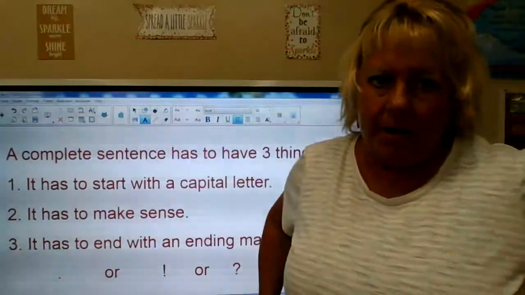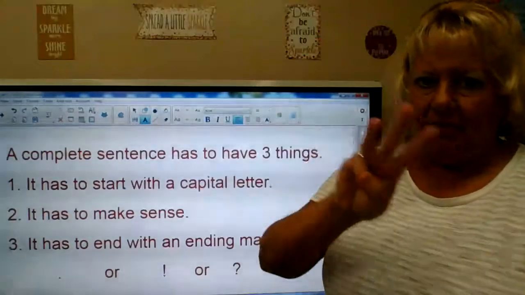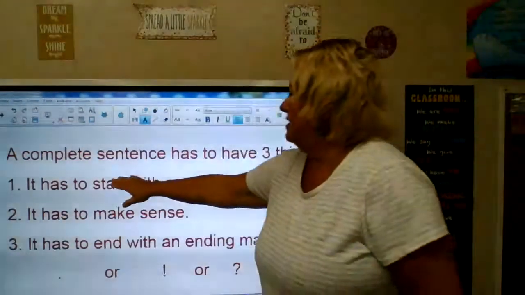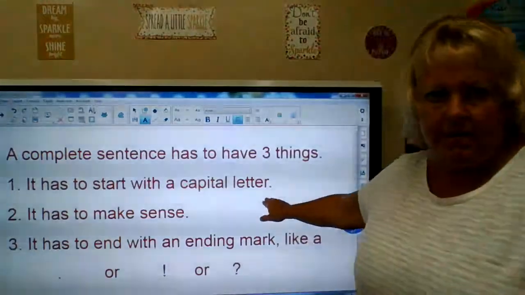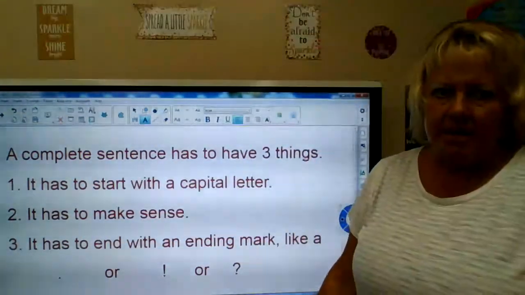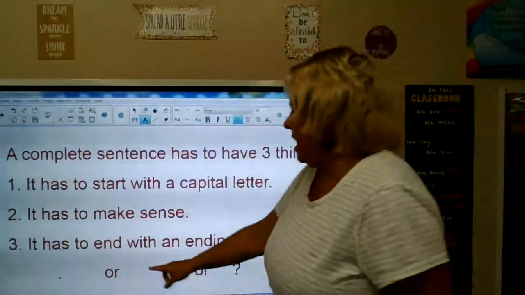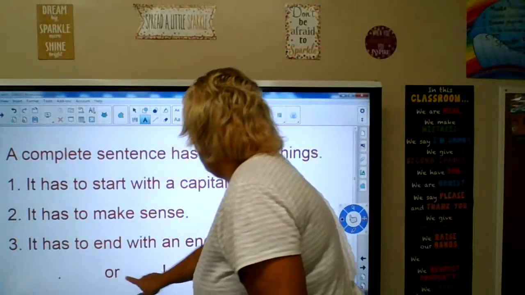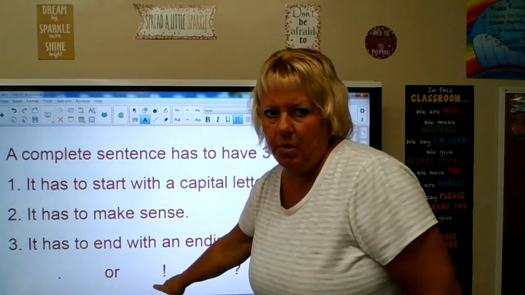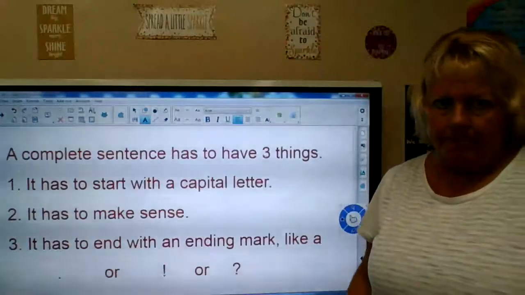We worked on what a complete sentence was. A complete sentence has to have three things. It has to start with a capital letter. Number 2, it has to make sense. And number 3, it has to end with an ending mark, like a period or an exclamation point or a question mark.